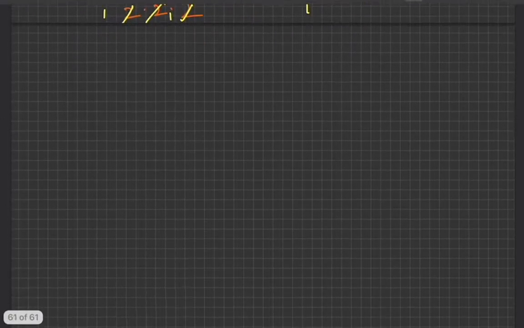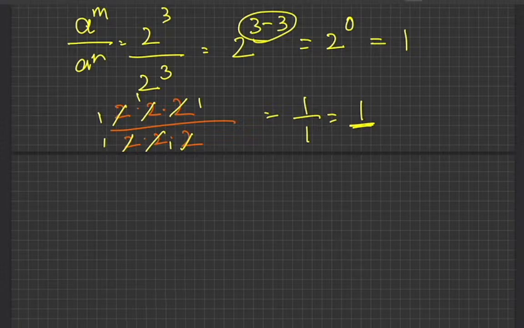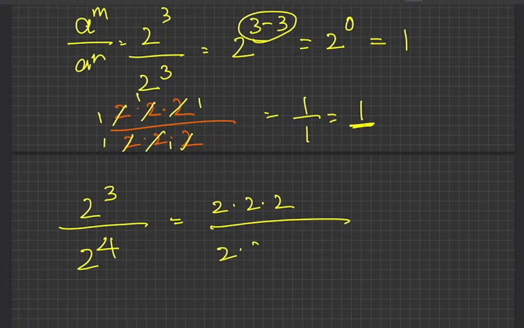Now the third one is, if I have 2 to the power 3 and then I have 2 to the power 4, here you see I have 2 times 2 times 2 by 2 times 2 times 2 times 2. So now these 3 2's cancel out. So what I'm left with is 1 by 2.